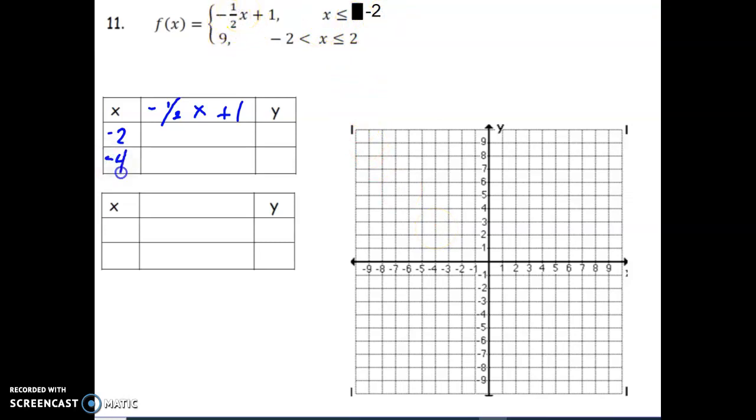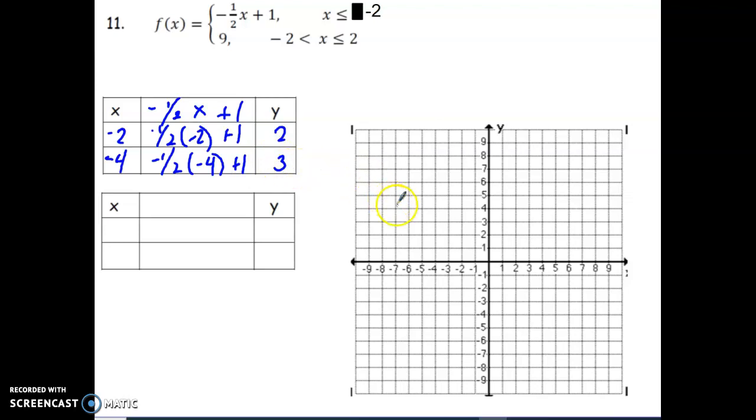Well, that would be -4. That's going to be the easiest one to choose. All right, let's substitute in -1/2 times -2 plus 1. That's going to end up being 2. And when I substitute in -4, -1/2 times -4 plus 1, that's going to end up being 3.